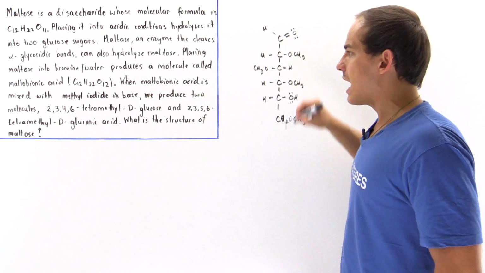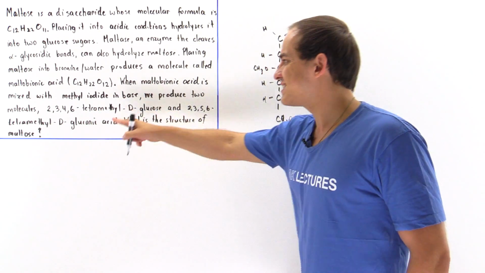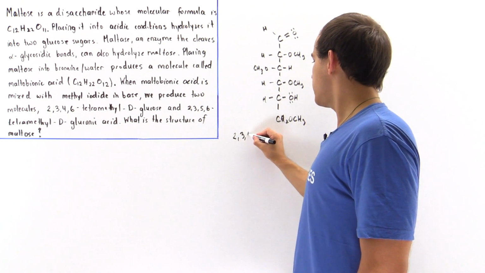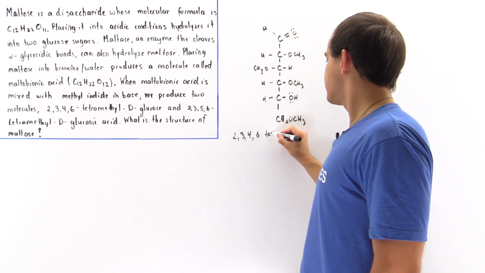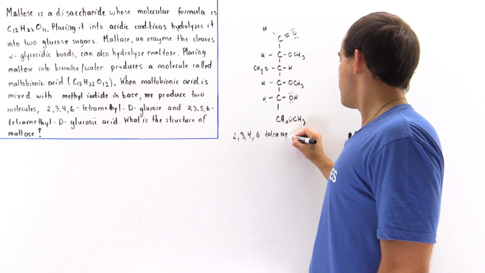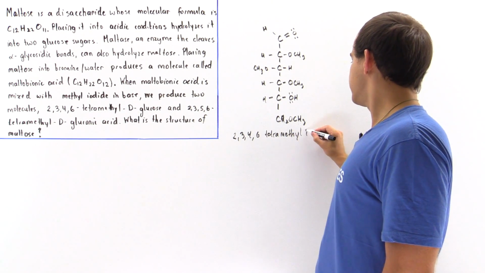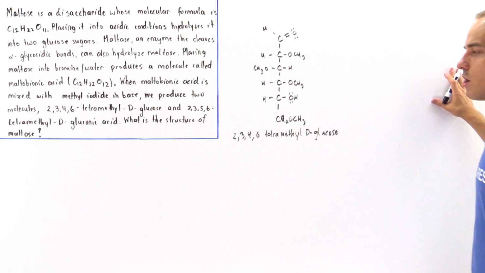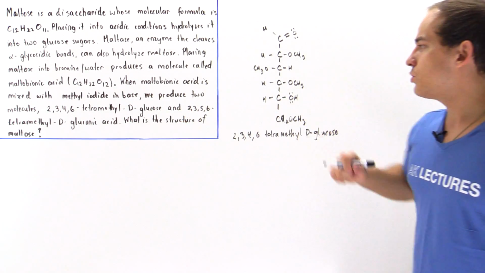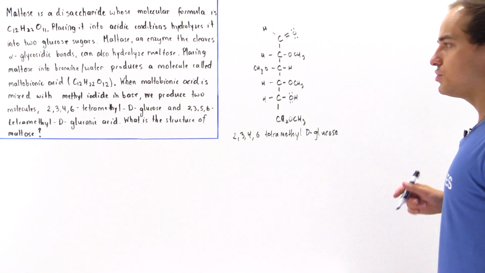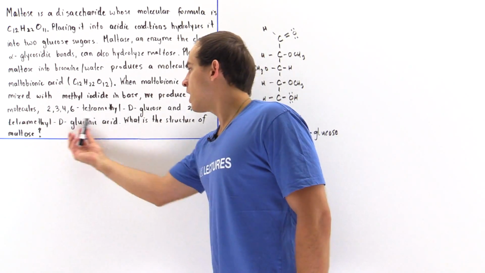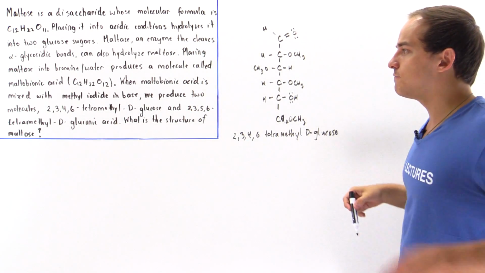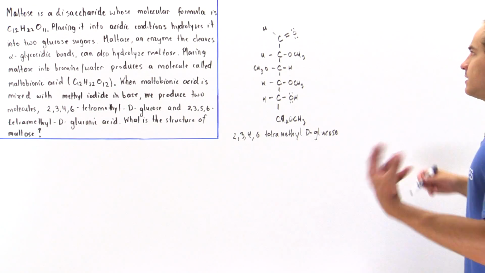So this is our 2,3,4,6-tetramethyl-D-glucose. Now, what about the other molecule? 2,3,5,6-tetramethyl-D-gluconic acid. Gluconic acid simply means our aldehyde group has been converted into a carboxylic acid group.